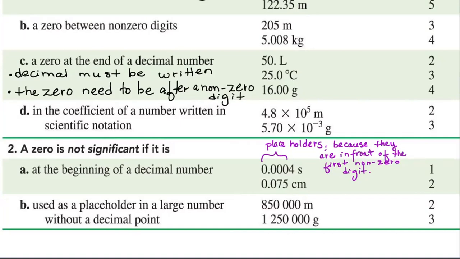So in rule 2A, this is for small numbers, less than 1. Those zeros are just telling you that we have a small number. And similarly, if we have a very large number, those zeros are also placeholders.